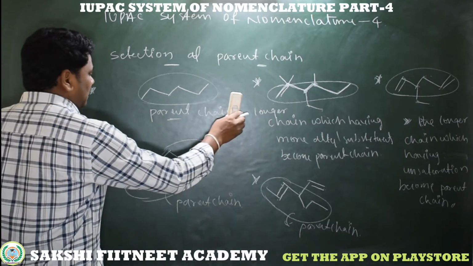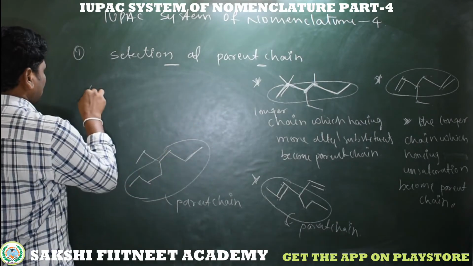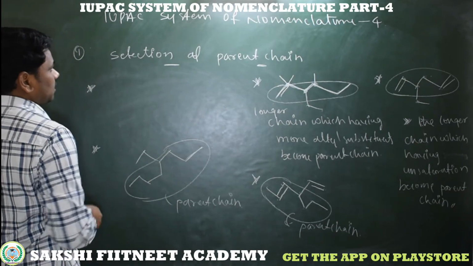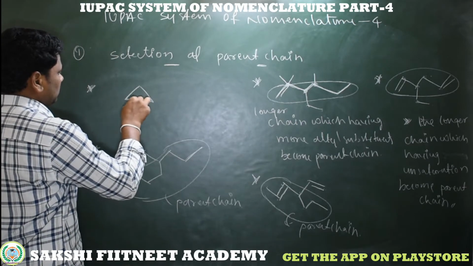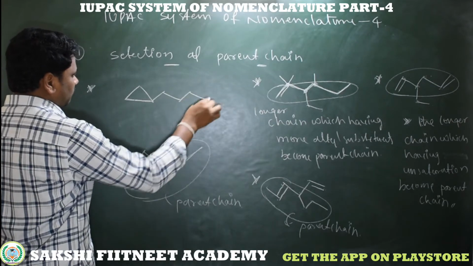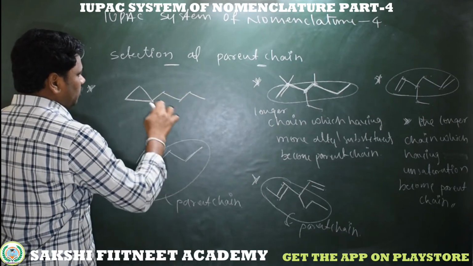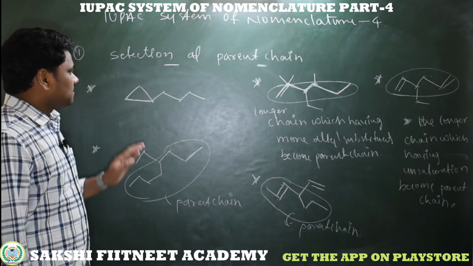If the molecule consists of a cyclic system as well as a chain, then how can we select the parent chain? For example, here this is a cyclopropane substituted with a butyl group, 1 2 3 4. Which becomes the parent and which becomes the substituent?